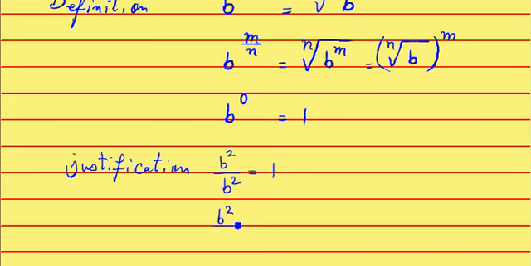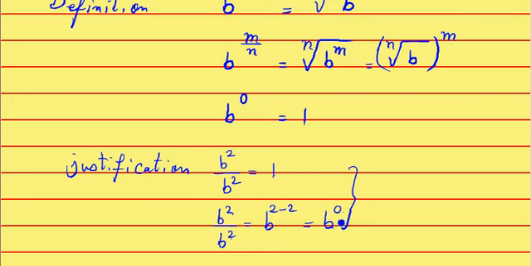On the other hand, what if I want to apply rules of exponents? Rules of exponents tell me I can subtract the two exponents from each other. If I do that, I get b to the power of 0. For our answers, following the rules, to automatically be the same as something we know to be correct, we are forced to define b to the power of 0 to be 1.